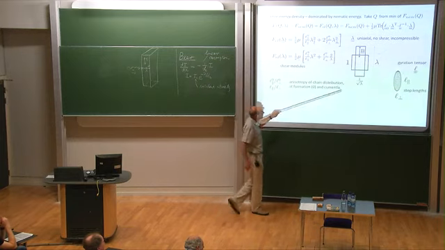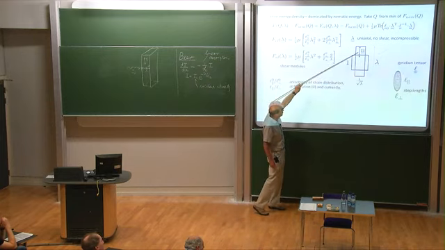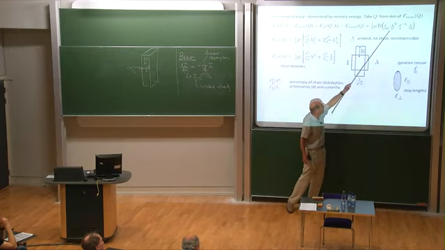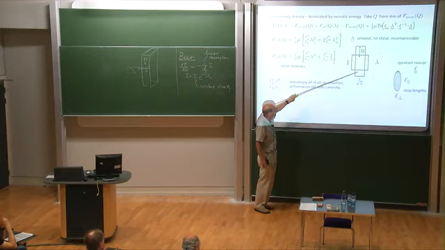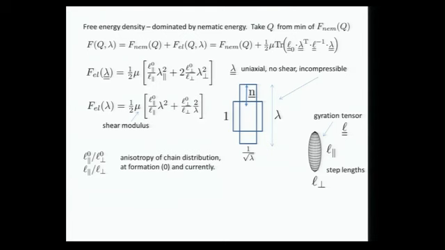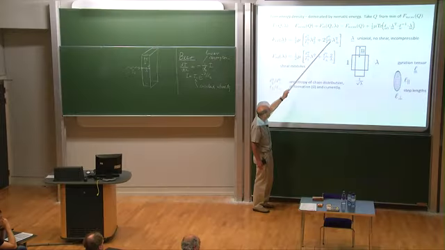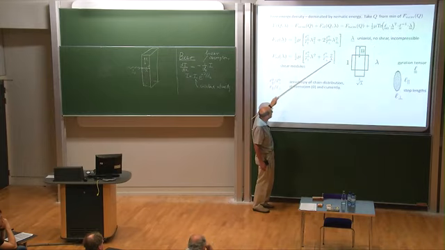And I'm going to take a very simple form for the distortion tensor, this here, which just consists of the stretch along one direction and these contractions along the other direction. The parallel direction has lambda parallel squared, which is just lambda squared, taking this value for it. The perpendicular directions have lambda perpendicular squared, which is just 1 upon root lambda squared.